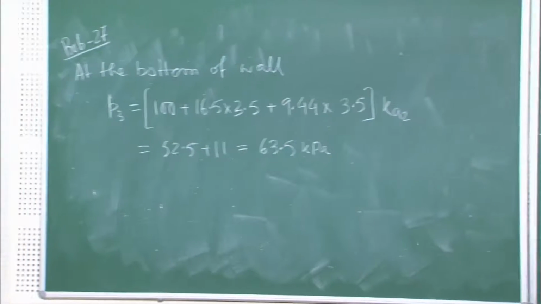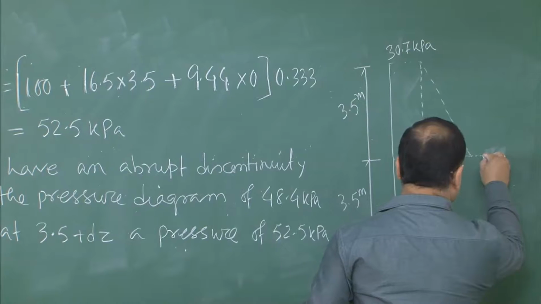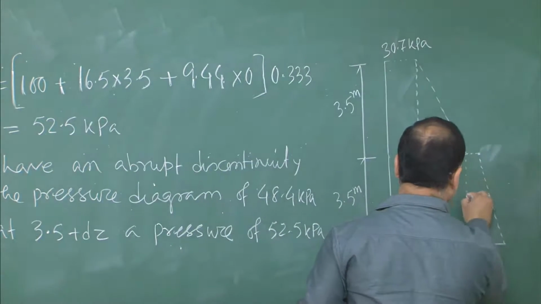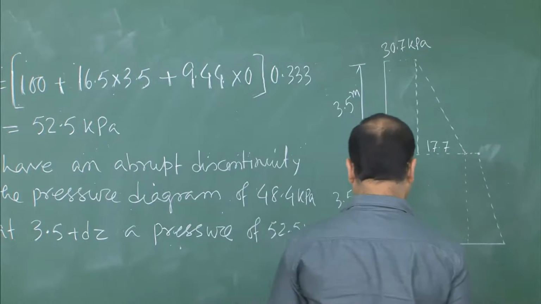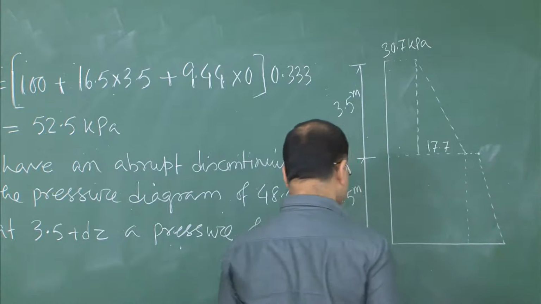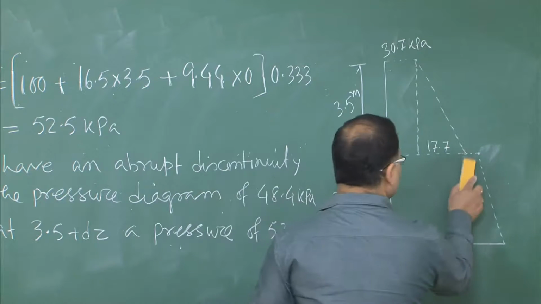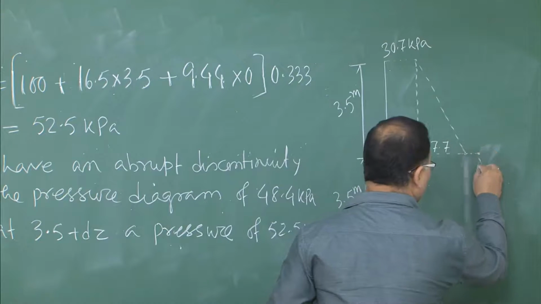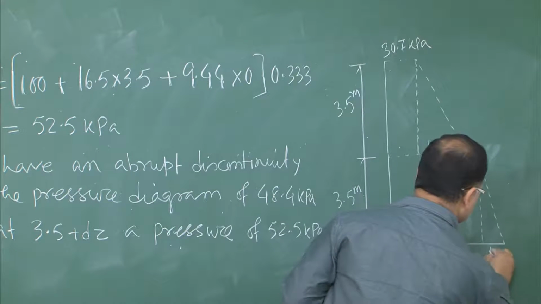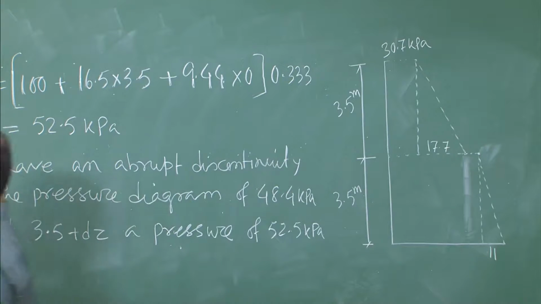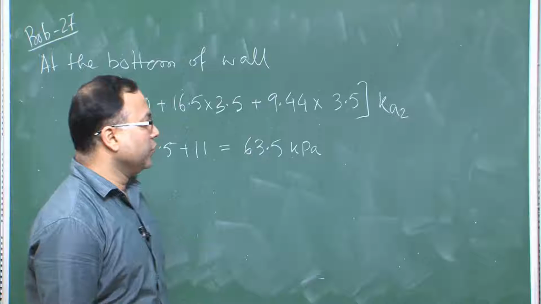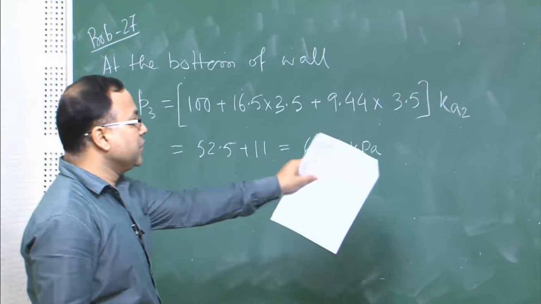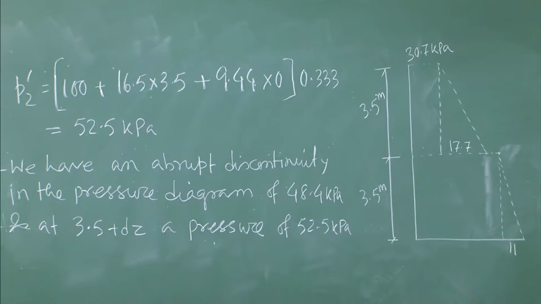This is your 11. So you are getting the pressure at the base of the wall as 63.5. 52.5 plus 11 is nothing but 63.5.